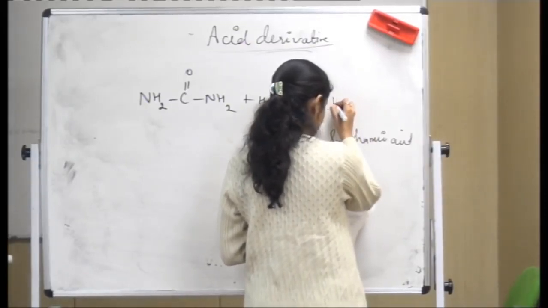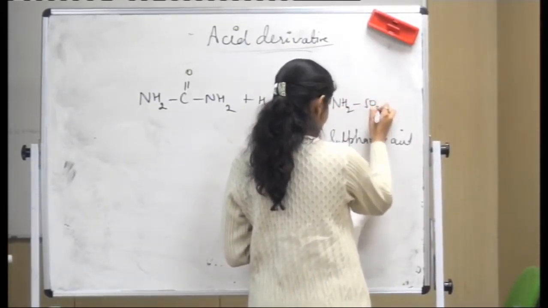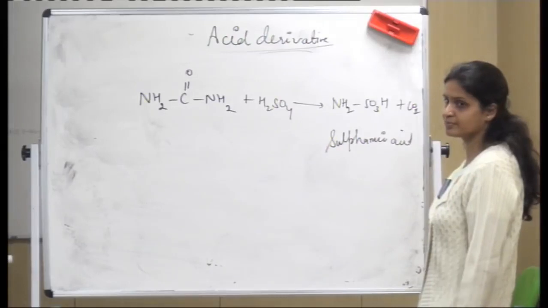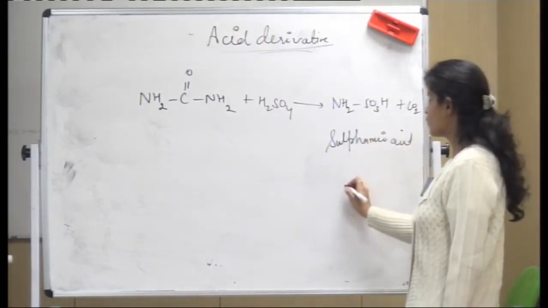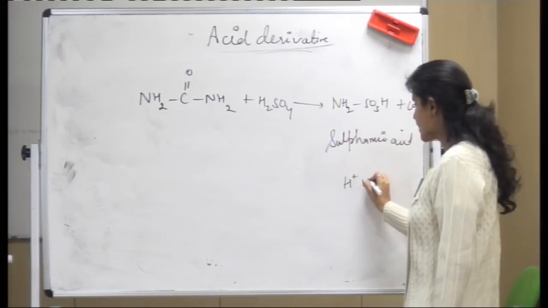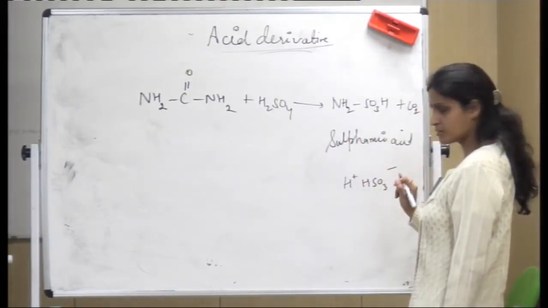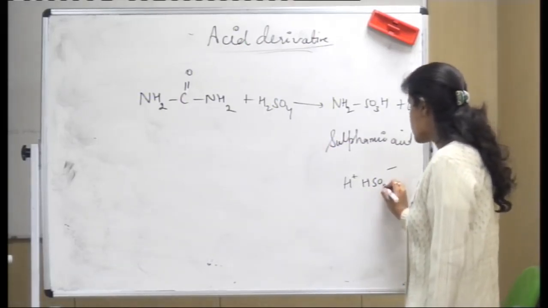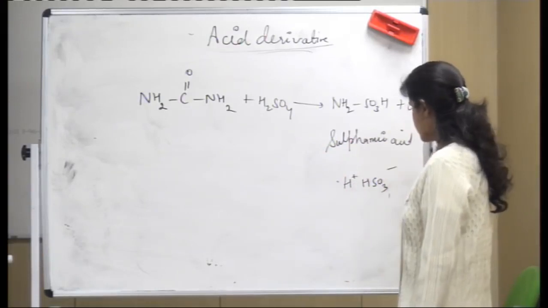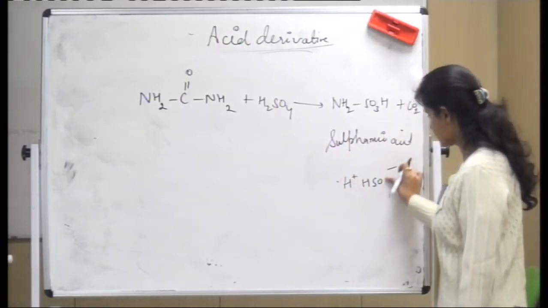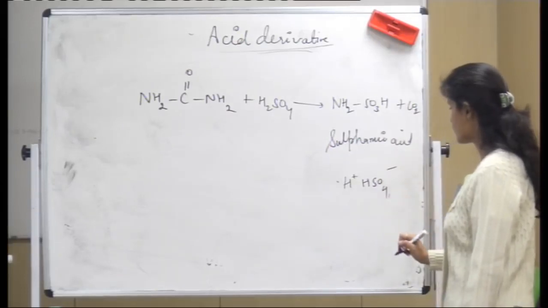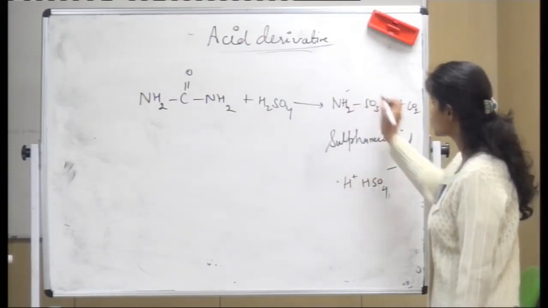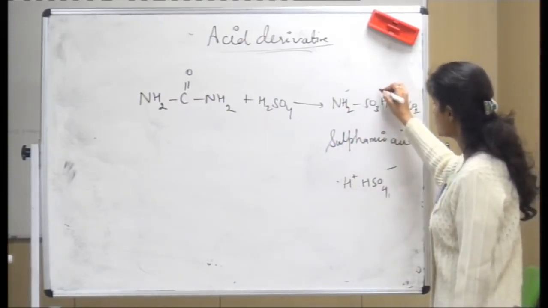It forms NH2SO3H plus CO2, sulfamic acid. What is H2SO4? H plus HSO4 minus, or I can simply write HSO3 minus and OH minus, and H plus, right? Because it is NH2 minus, this is SO3H plus.